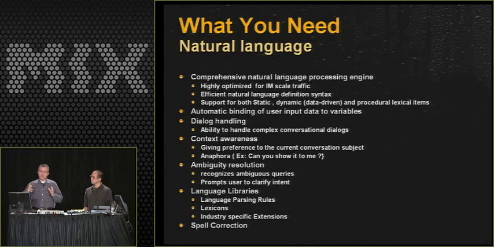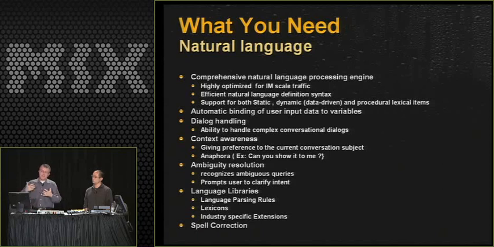By essence, because you're on IM and because you're emulating a conversation with the user, you need to be able to have a bot that from one day to another changes, evolves, and is getting improved and knows more things. And so that means that you can't afford to have a system that would need linguists or trained linguists to build the bot. You need a system where someone that is not very technical can come and gradually add to the knowledge of the bot.